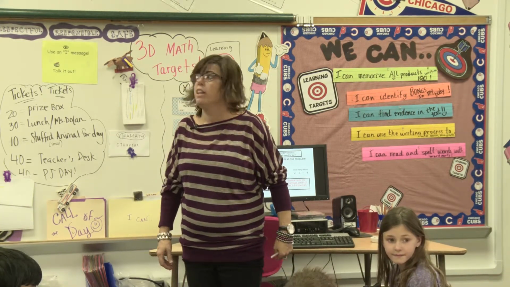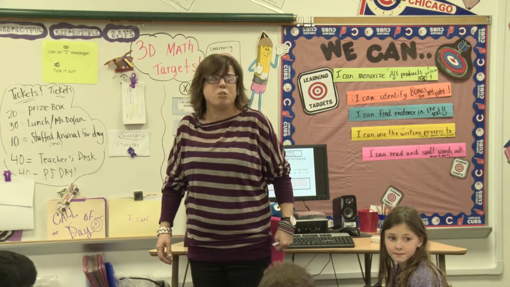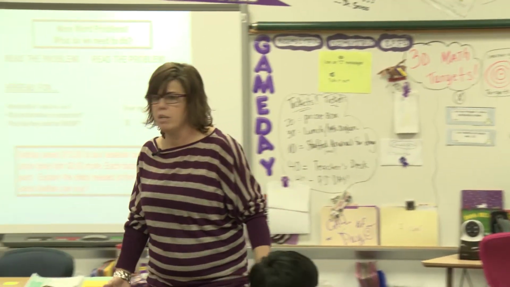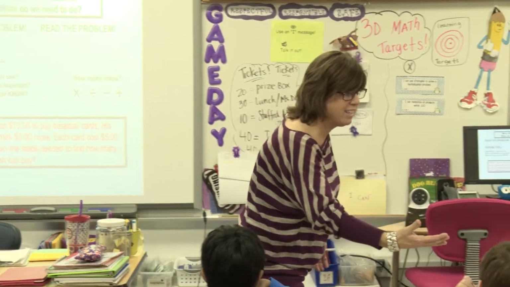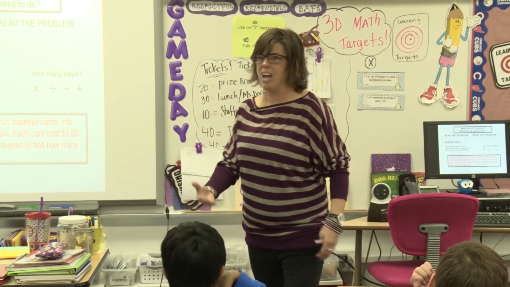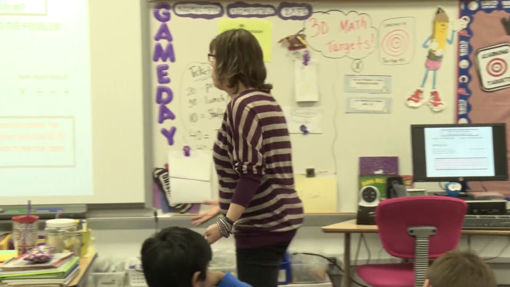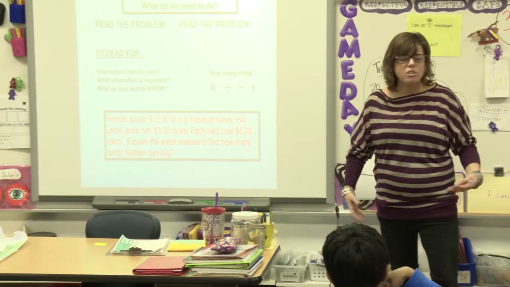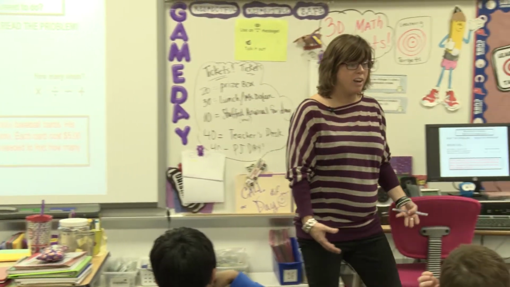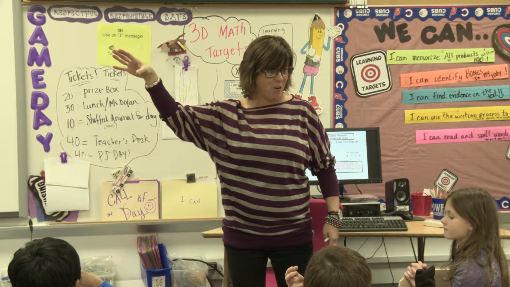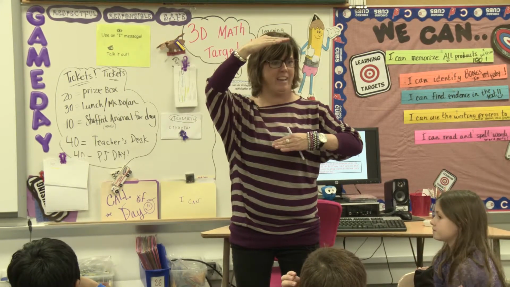Because there is more information that you need to find out about the story problem before you can figure out the answer. How many jobs do you think you're going to have to do? 2. Okay? So when we do a 2-step story problem, we have to use our reading skills, don't we? Yes.